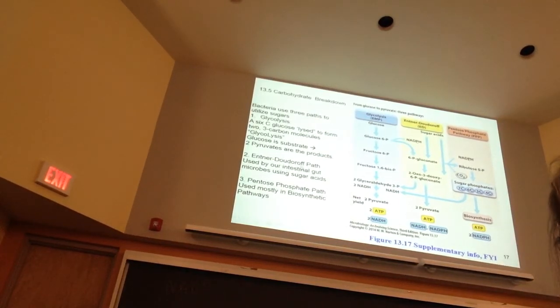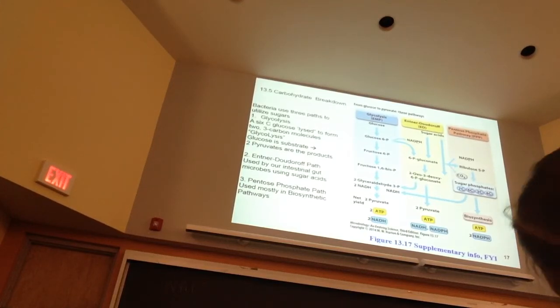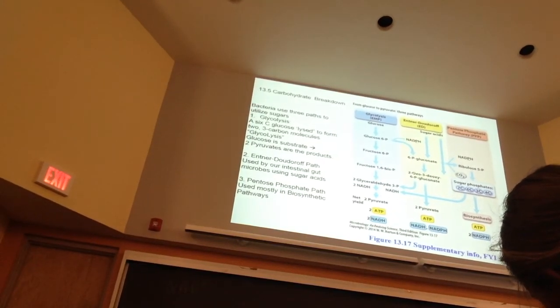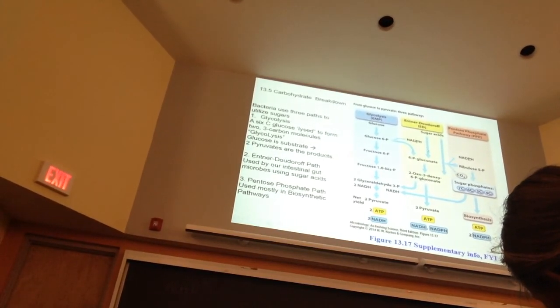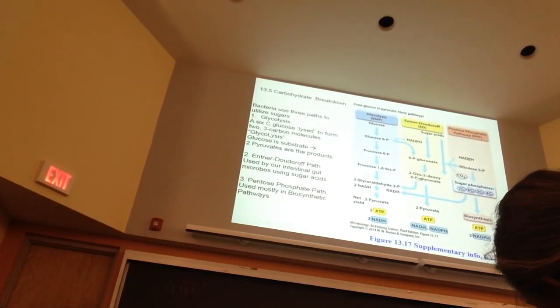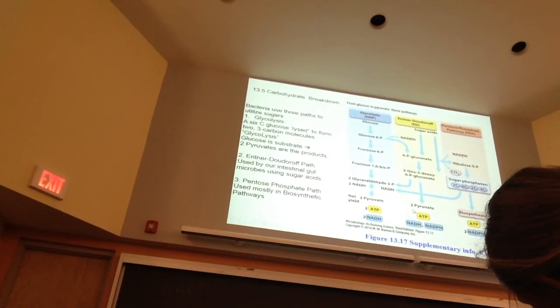Okay, Entner-Doudoroff, just know that's what our GI tract microorganisms use instead of glycolysis. They use glycolysis also, but the Entner-Doudoroff pathway has some differences. Basically, instead of glucose, it uses sugar acids, but they funnel in to end up with 2 pyruvate. You end up with the same product as glycolysis.